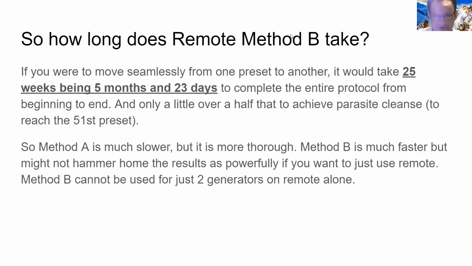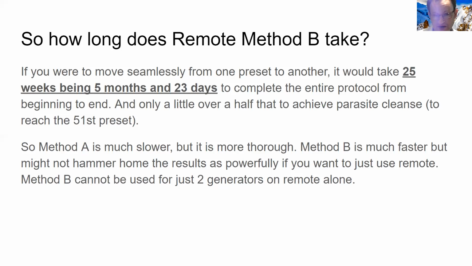How long would remote method B take? Again, if you were to go seamlessly, so we're not talking about stopping to have a quick cup of tea or make lunch, just going from one preset to another, that would be 25 weeks, being 5 months and 23 days, to complete the entire protocol. That's the entire protocol, okay?